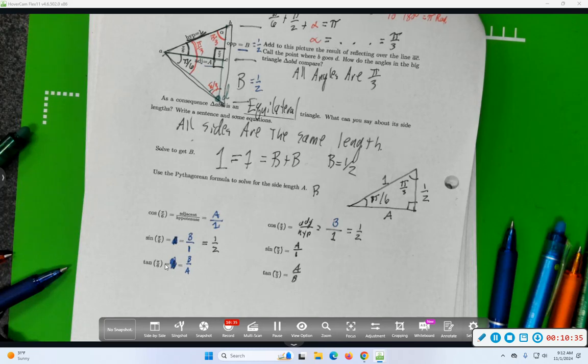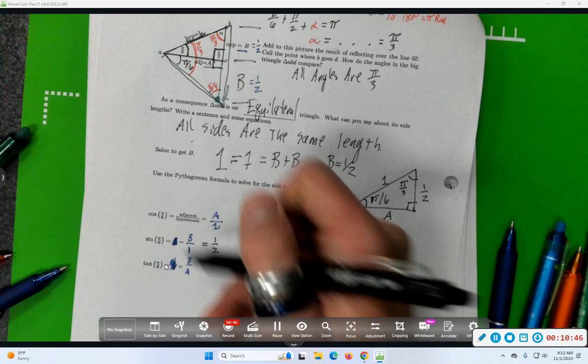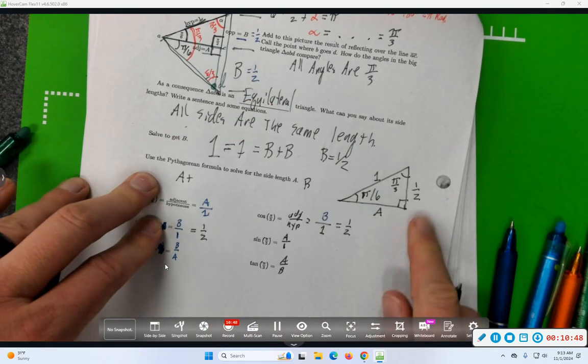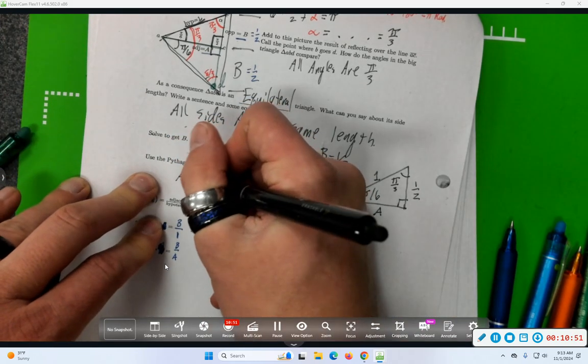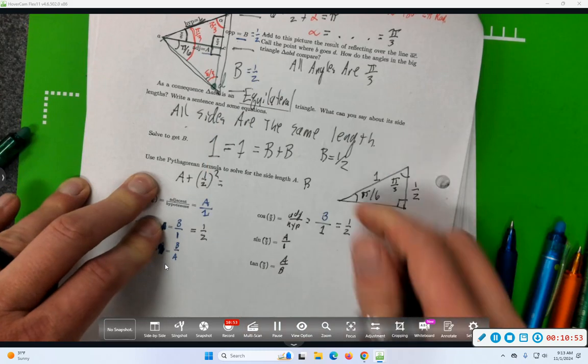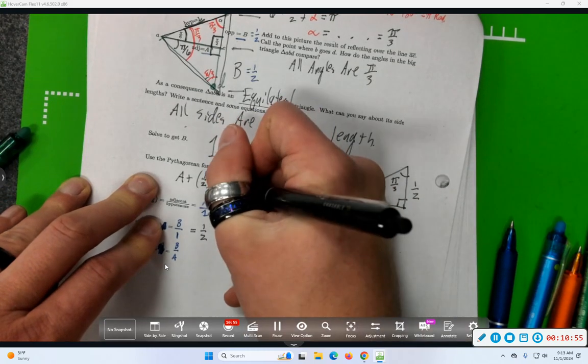Yeah. Side length squared plus side length squared equals hypotenuse squared. This only works for right triangles, but this is our right triangle, so we can use it. So a squared plus b squared equals c squared. Oh, but 1 squared is just 1.